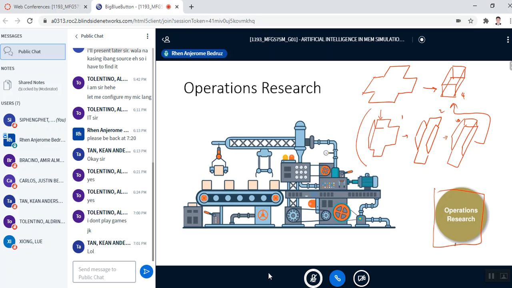How do we optimize that process? Instead of folding one flap at a time, we could do two flaps at a time. On the first step, we would do this and this simultaneously, and then the next step would be this.